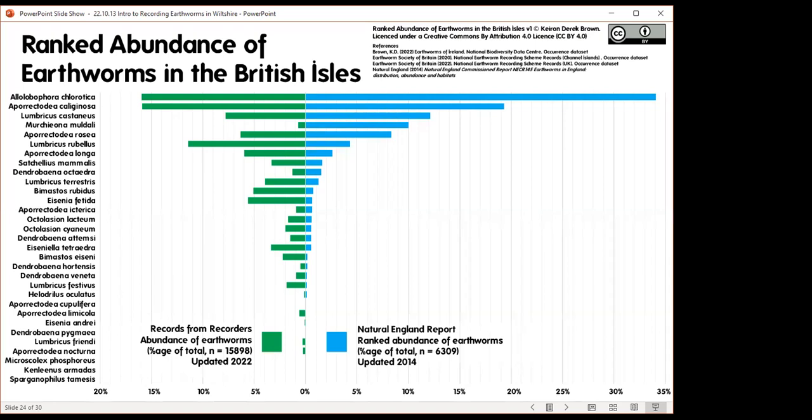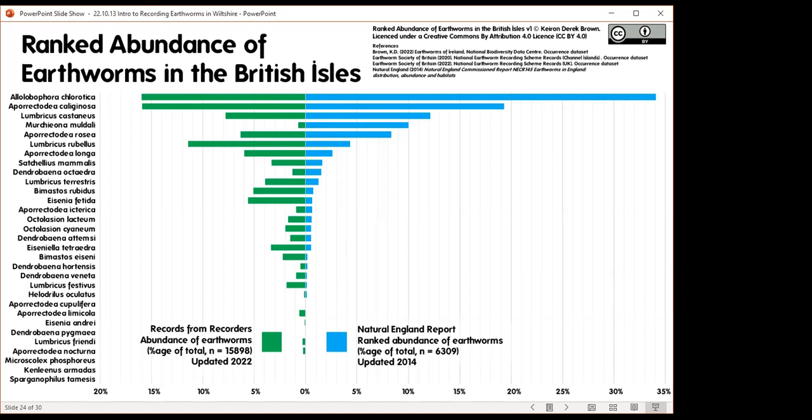And if we reorganize that chart according to the recorder data, we get a different picture. We get a less steep curve. We'd find more of the really rare stuff, and some of the species would move around quite a bit. Like Murchieona muldali there, we can see in the recorder data is much more rare. And that's not surprising, because it's something that you do get quite a lot in agricultural systems and you find less commonly in other systems.